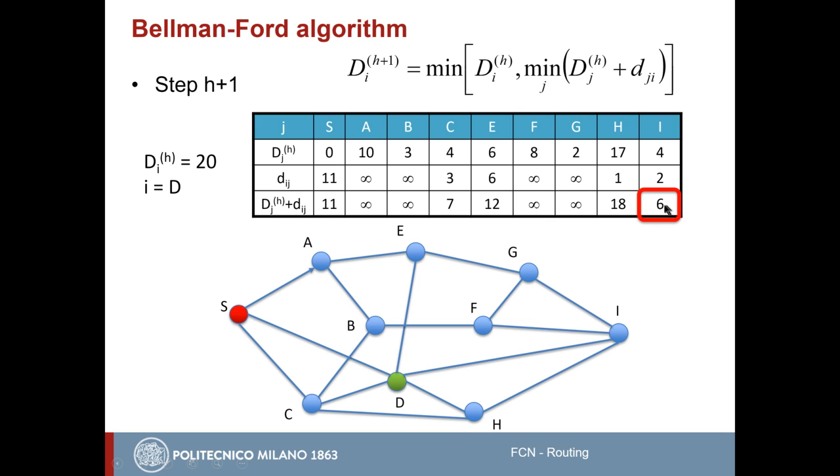In this case, the minimum is 6, because D sub I at step h was 20, so much larger, and the minimum of all these elements is 6. So finally, D sub I at step h plus 1 will be equal to 6 in the case I equals D.